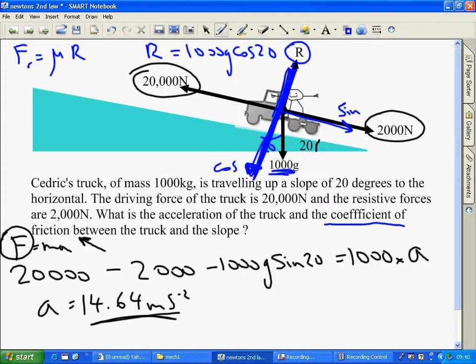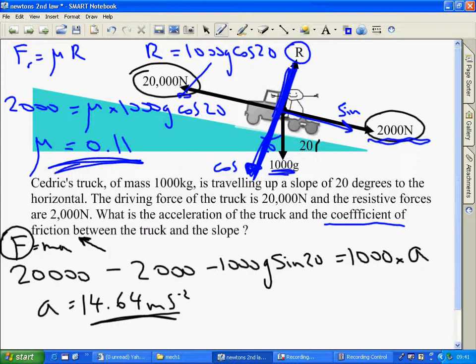So I can use that in here because I know that the value of frictional force is 2000 newtons, and that's equal to mu times 1000 g cos 20, because that's the value of R I've just found. From that I can get mu to be 0.11.